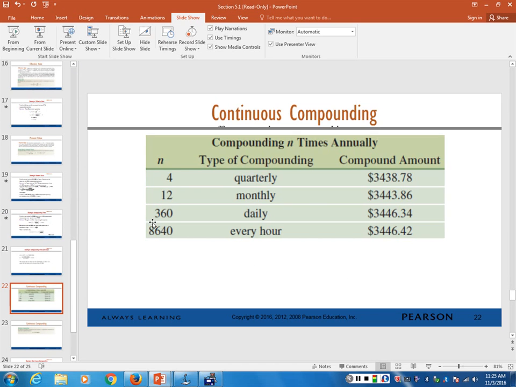You could compound your payments or your interest on your payments or on your principal once a year. But you would do better if they compounded it twice a year, because then during the second compounding period you would get interest on the interest that you got paid for the first compounding period, right?